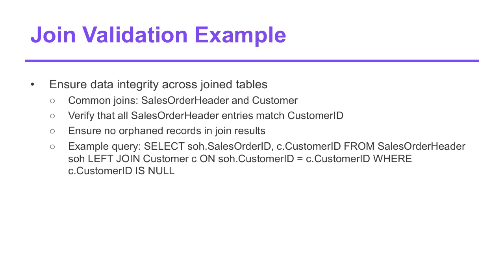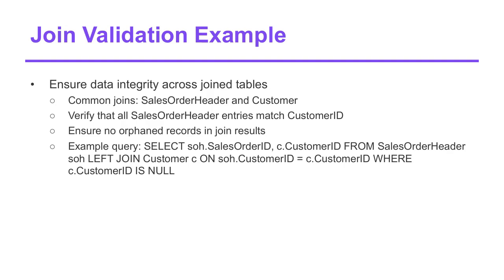When working with joined tables, like sales order header and customer, it's important to ensure data integrity by verifying that every entry in sales order header has a matching customer ID in the customer table. This helps prevent orphaned records, which occur when a sales order header entry refers to a customer ID that doesn't exist in the customer table.